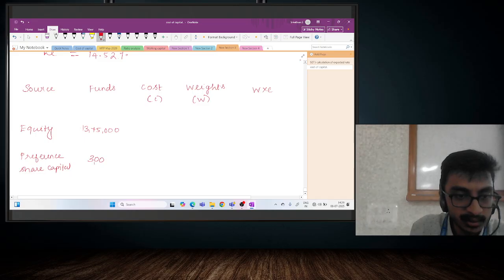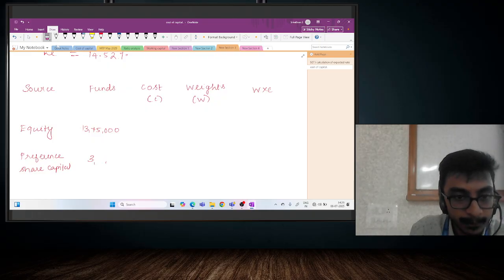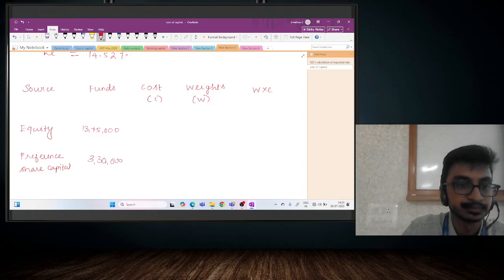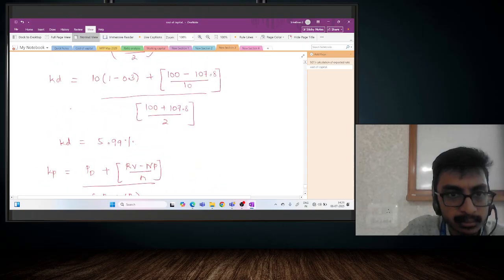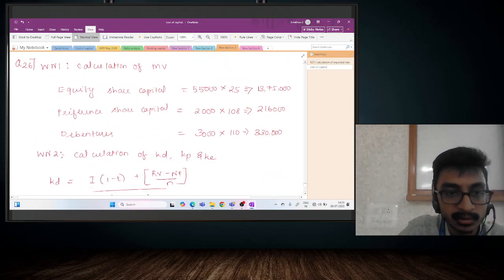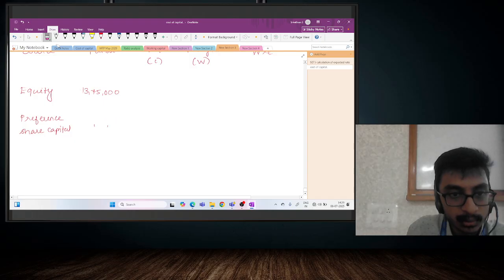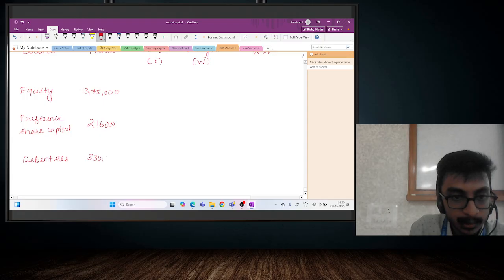Then debentures, 3,30,000. So preference share capital market value is 2 lakh 16,000 and debentures 3 lakh 30,000.